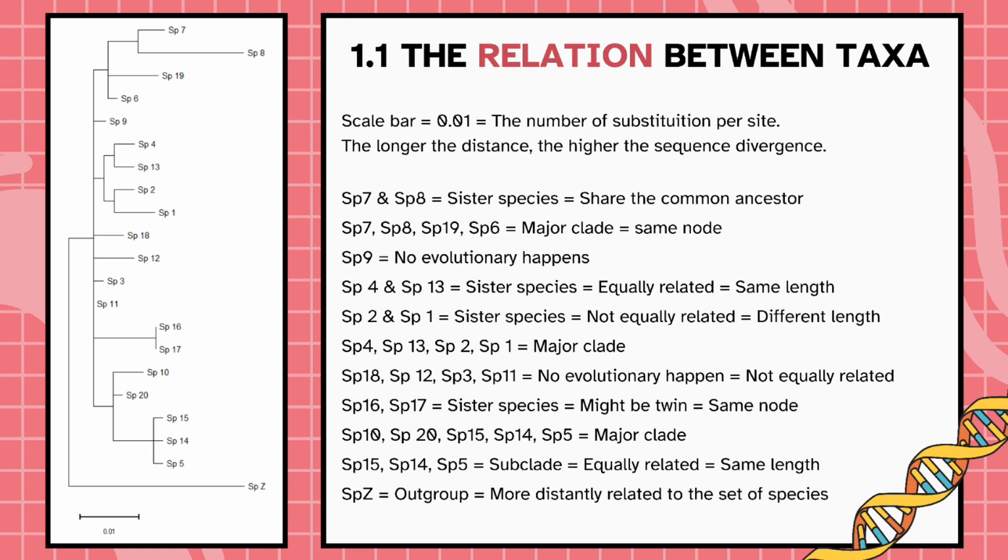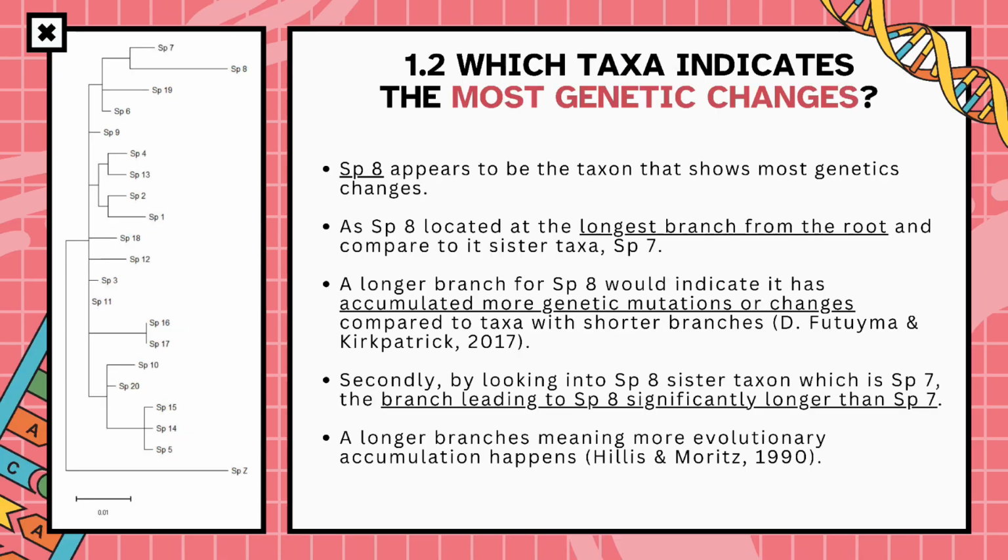Species 15, species 14 and also species 5, they are the subclade of the major clade, and they share the same length, which means they are equally related. Species Z is the outgroup because it is more distantly related to the set of species.